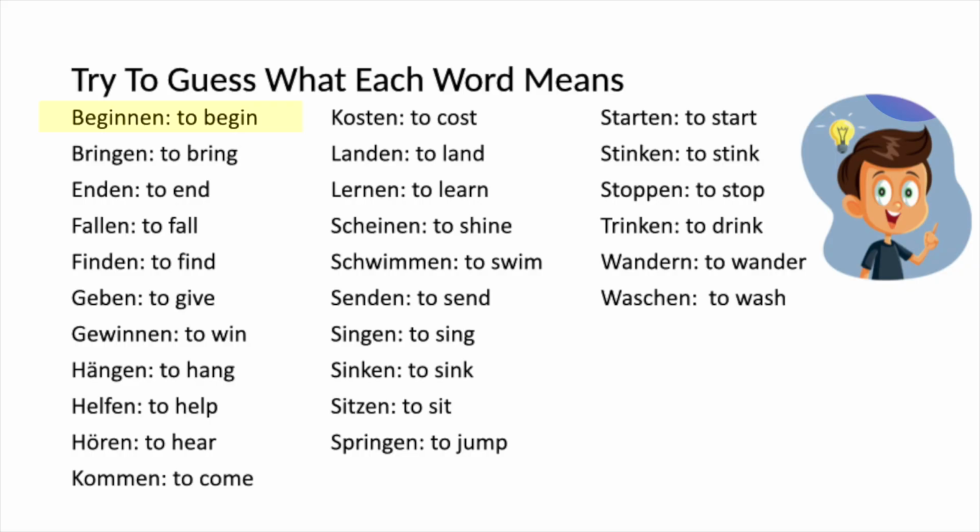So you were probably able to deduce the English translation of these words just from either looking at them or hearing them. Let's go through those, and as we do so, I'd like you to pronounce with me.